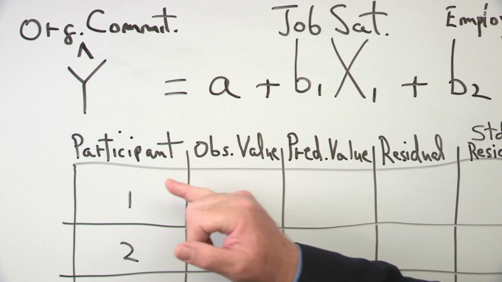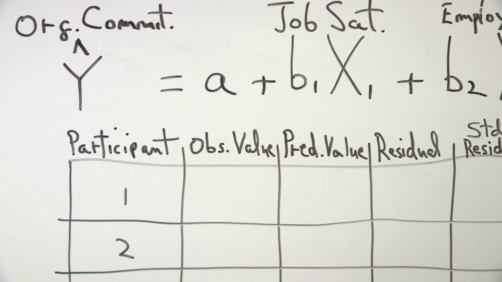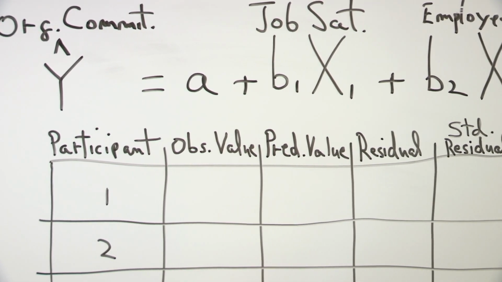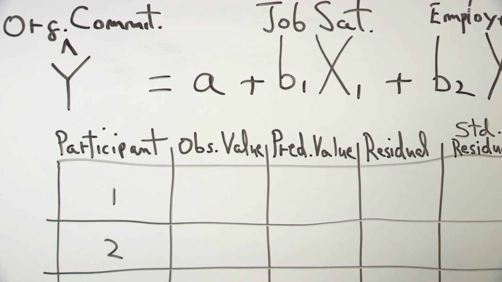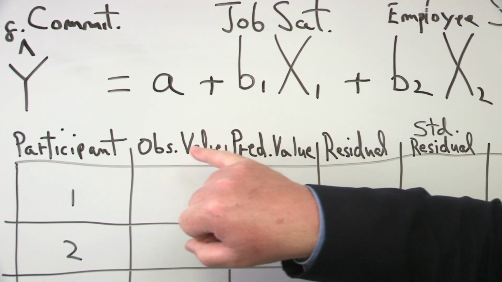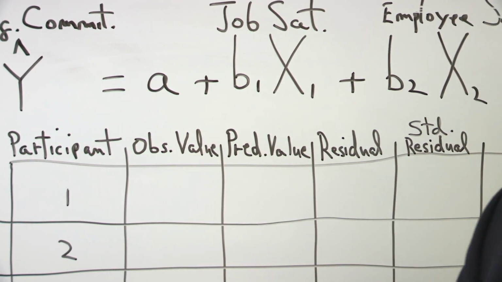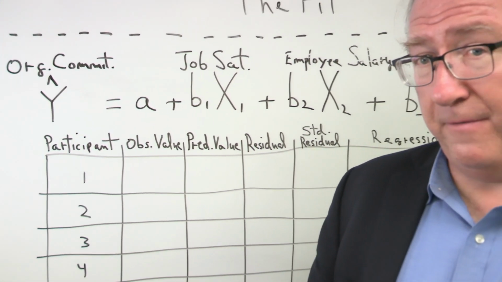Okay, so you have for each participant their actual observed value or score on the outcome variable measure, and the value predicted from the model. And then you have the residual, or the error in prediction, or how far off that predicted value is from the actual observed value on the outcome variable measure for each participant in your sample.